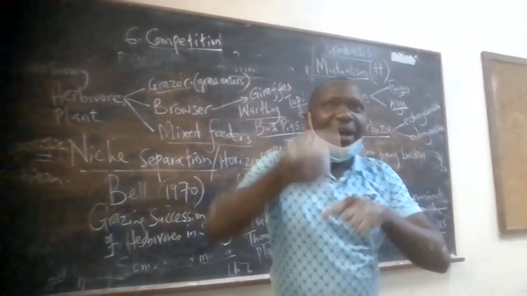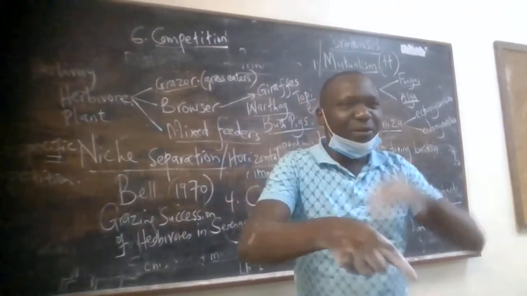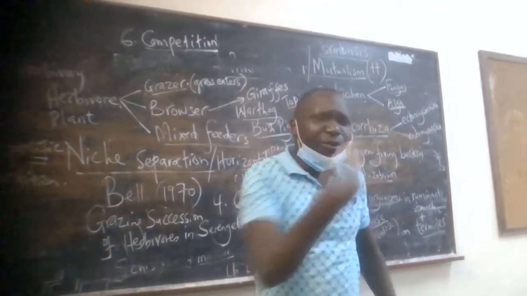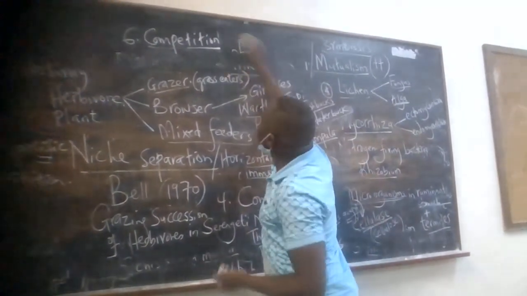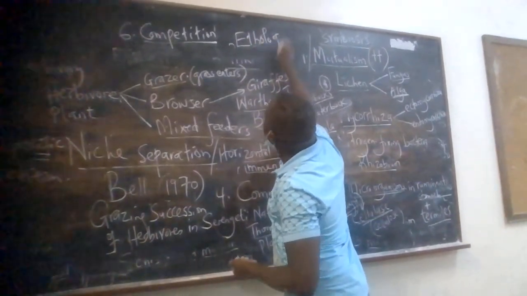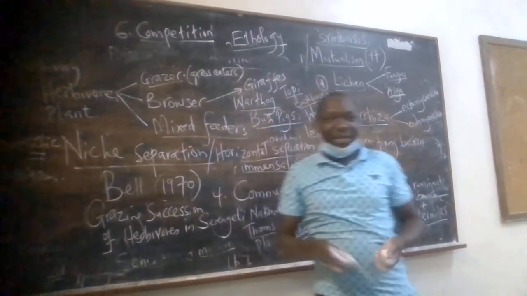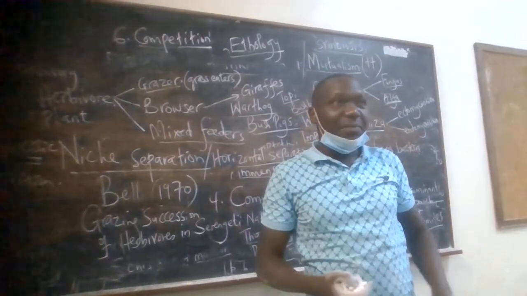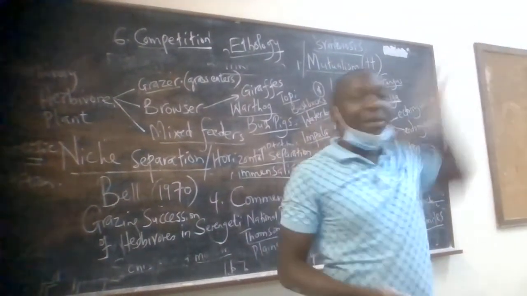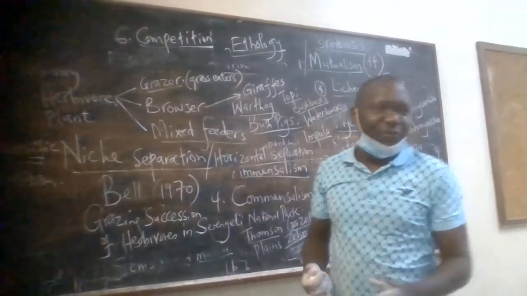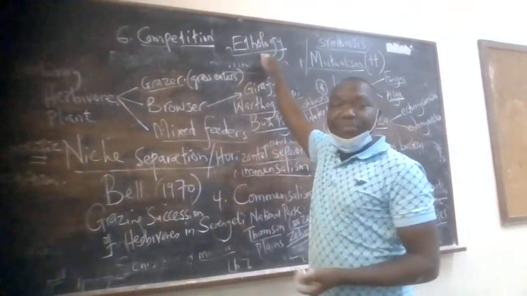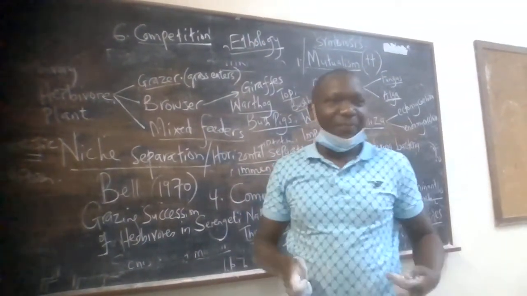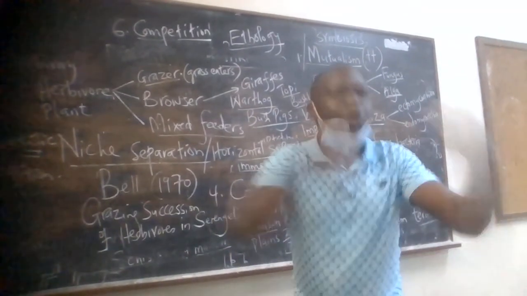But as time goes on, it becomes a behavior studied in ethology, the study of behavior. So you can study the behavior of birds in Mabira forest, in the Najembe trading area. Ethologists can be interested in such a study: how do they partition the time to avoid interspecific competition?